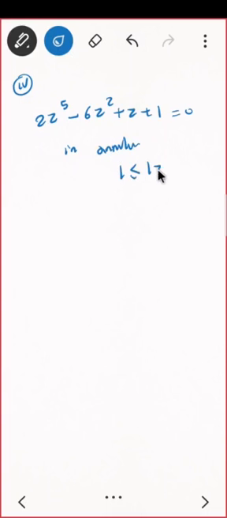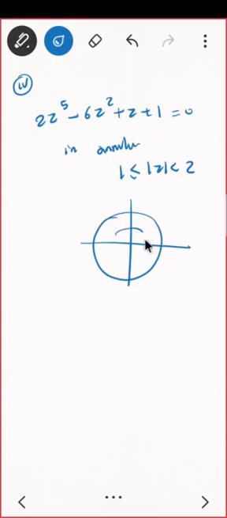How will you do this? Do you have any idea how you will do this? What is this thing actually? If you draw, then it is a ring type structure. So this is 2, this is 1. So I am talking about all these things.